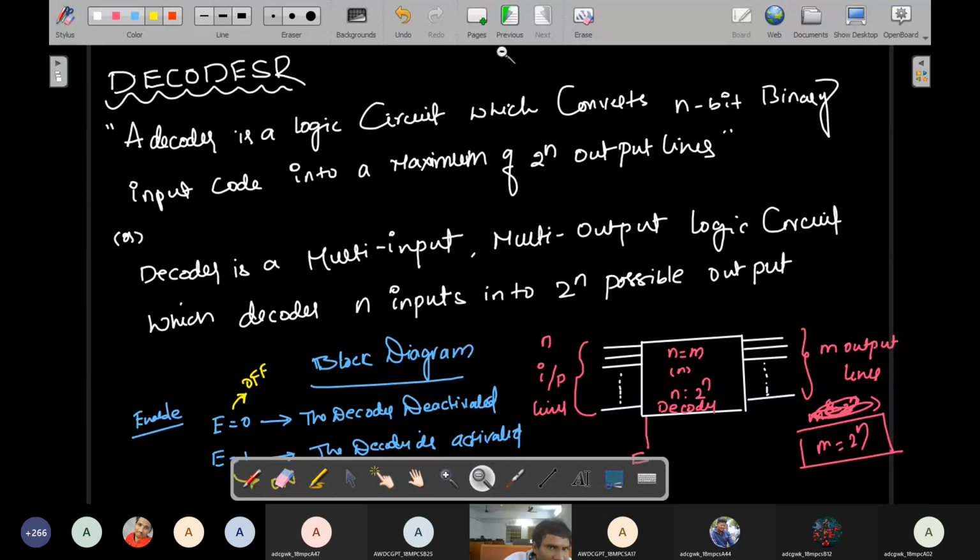So simply I'm moving to next page. So this is the next page. I'll start the first example, first application of decoder. Application means example only. So first one is a 2 to 4 line decoder.